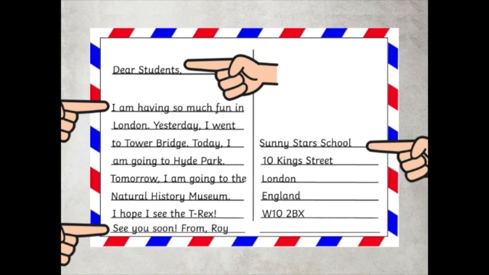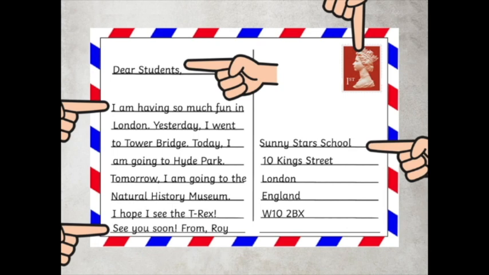So there's my postcard from London. But something is missing. What's missing? A stamp. There we go. Now the postcard is ready to be sent. Let me just check. I wrote my address. I stuck a stamp.